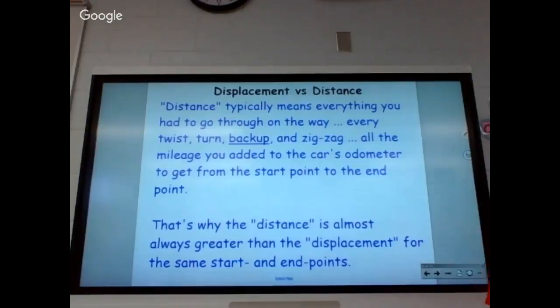You don't have to write this if you don't want to. Distance is always greater than displacement. So when we calculate this, distance is going to be the bigger number.